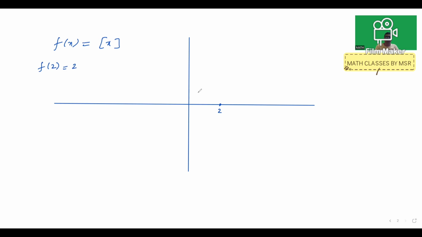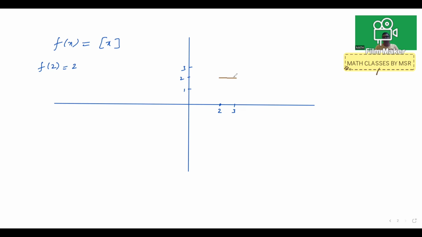And 2.1, where does it go? Tell me. For the integral part, the greatest integer function, 2.1 lies between 2 and 3, so the value goes to 2.